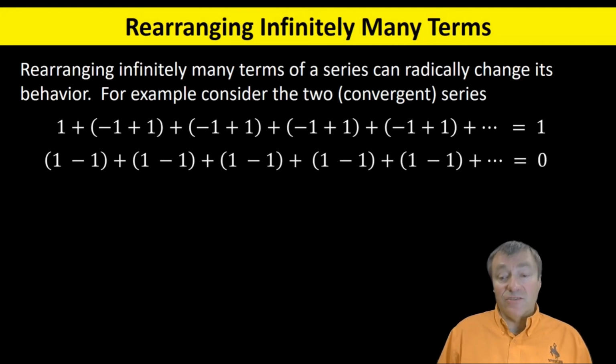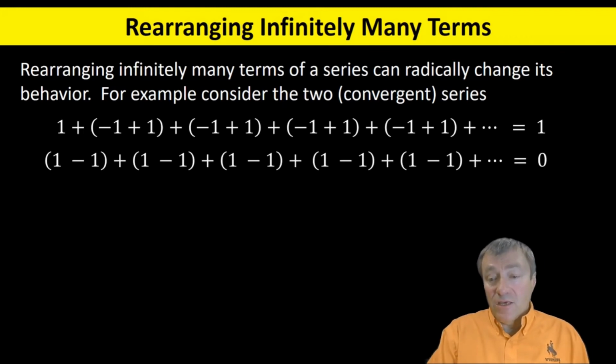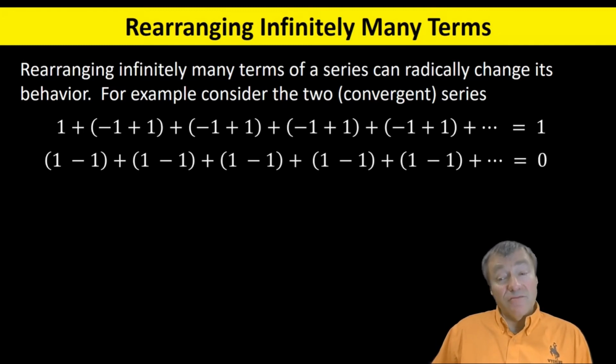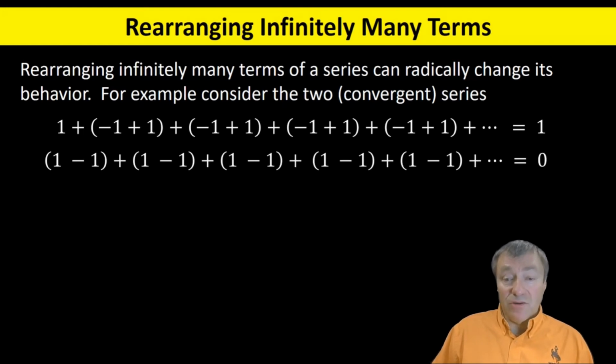And that converges to 1. And the second series is really 0 plus 0 plus 0 plus 0 plus 0 plus dot dot dot, which converges to 0. Both of these series converge, but they have different sums. So there's no reason to expect them to have the same sum when you start rearranging parentheses like this.